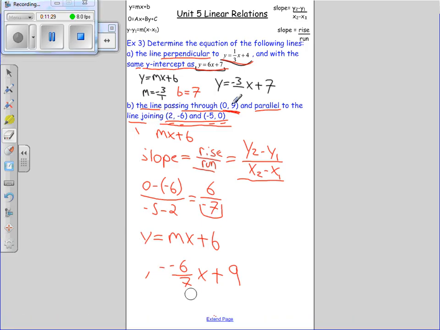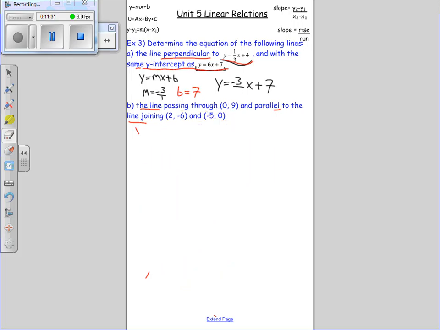Perpendicular lines. If your slope of line 1, so slope 1, is equal to, let's say, 5 over 2.